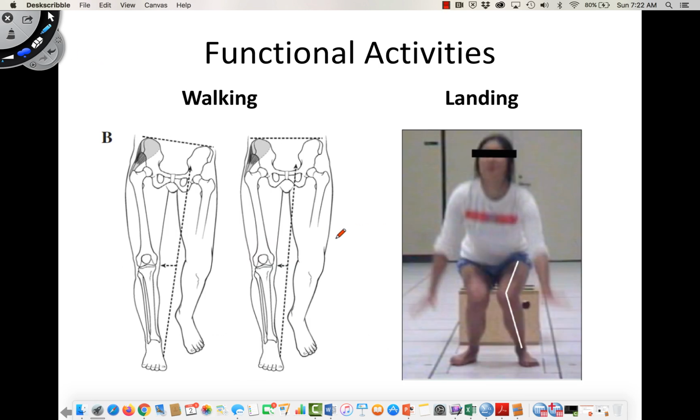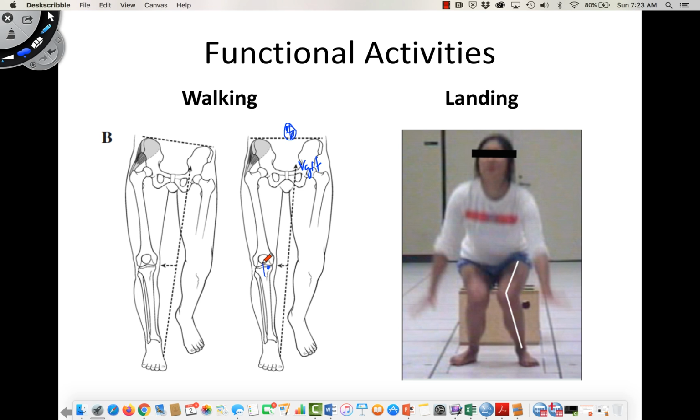So now we can look at clinically or functionally when this occurs. So here's a typical walking trial about mid-stance. What you can see is essentially the vertical ground reaction force is headed up toward the body's center of mass, which is somewhere up here. And so typically throughout a single limb stance phase of walking, the vertical ground reaction force shown here sits medial to the knee joint, and therefore the contact point is between the medial tibial plateau and medial femoral condyle.